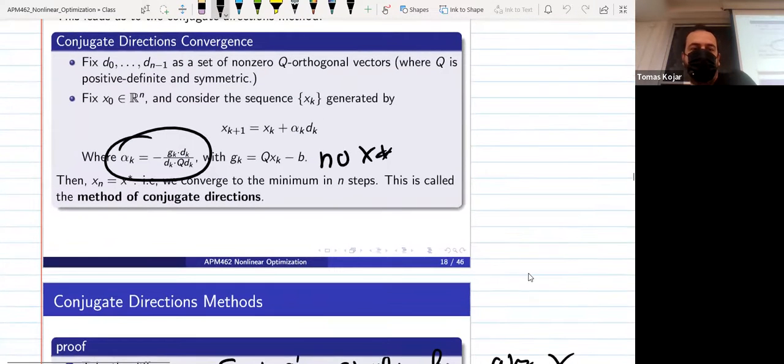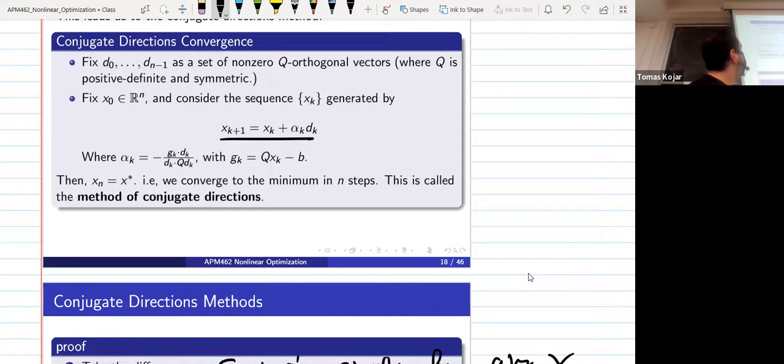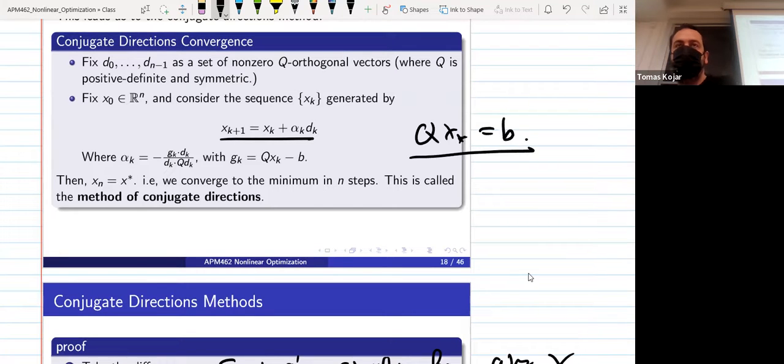We want to show that this algorithm with these steps converges to the minimizer, which is given by Q X star equal B, but we don't want to invert because it costs. So we want to show that it will go to this X star solution in n steps.